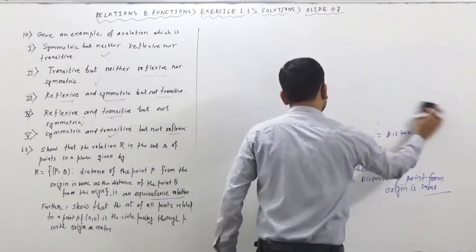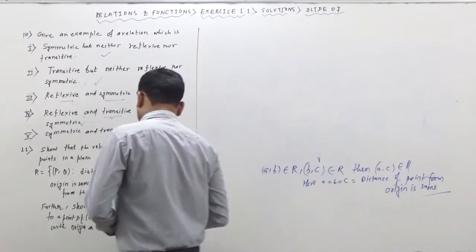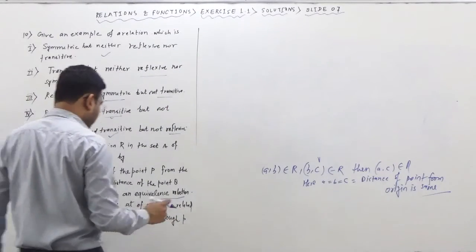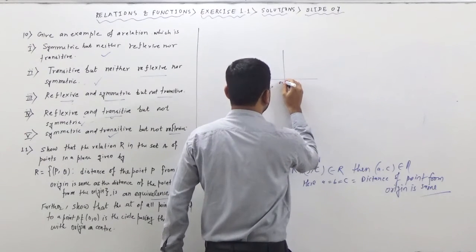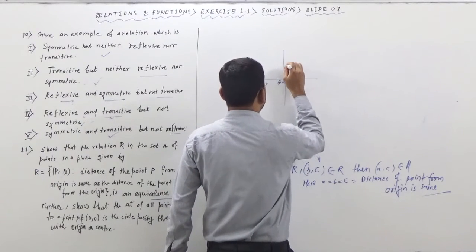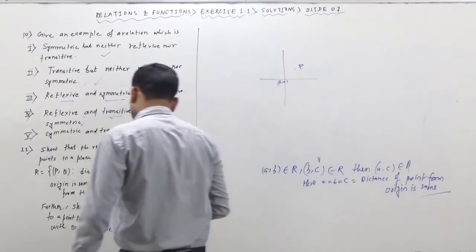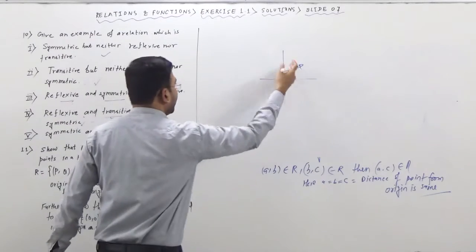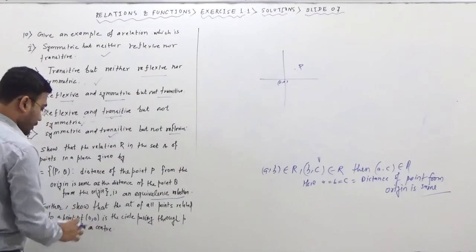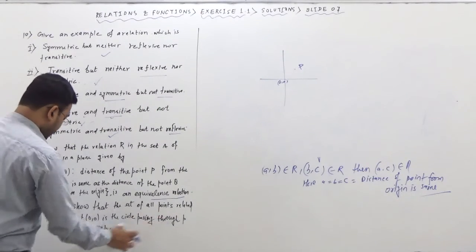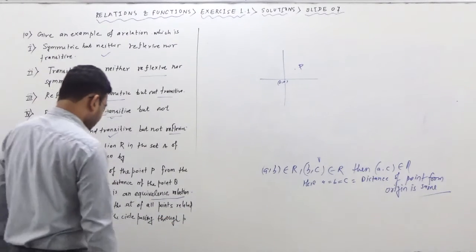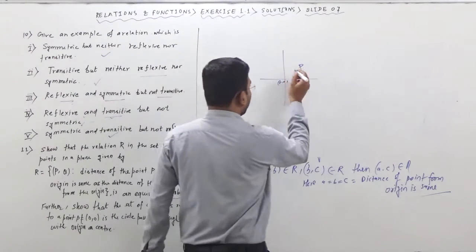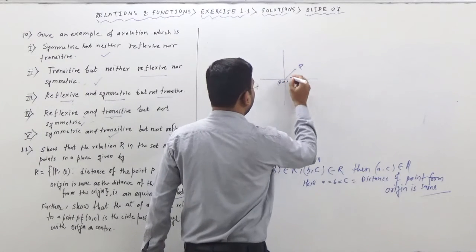Next, what it says: show that the set of all points related to point P, where P is any point which is not the origin, is the circle passing through P with the origin as center. Origin means 0, 0.